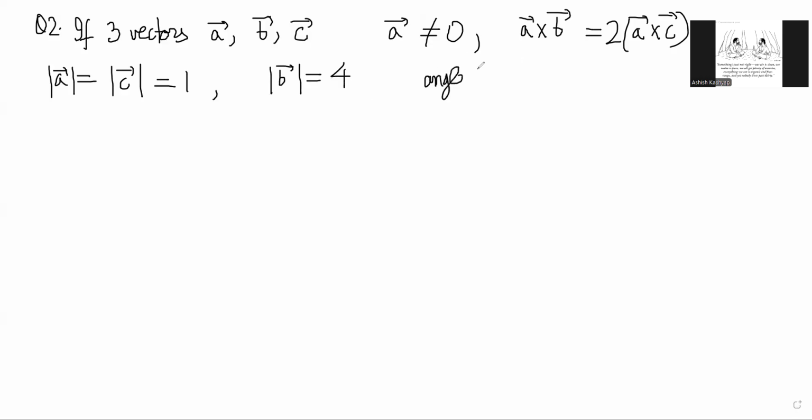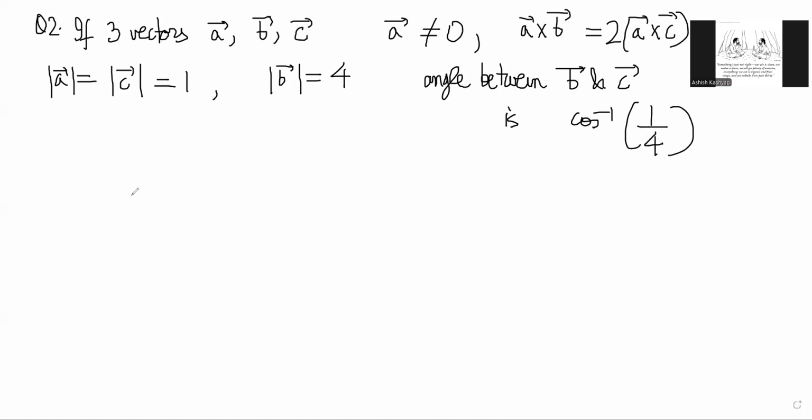Angle between B and C is cos inverse of 1 by 4 and B minus 2C is equal to lambda times A. We have to find lambda.